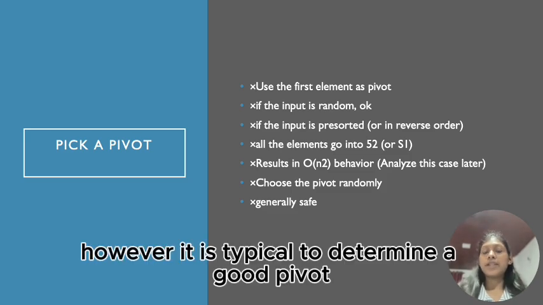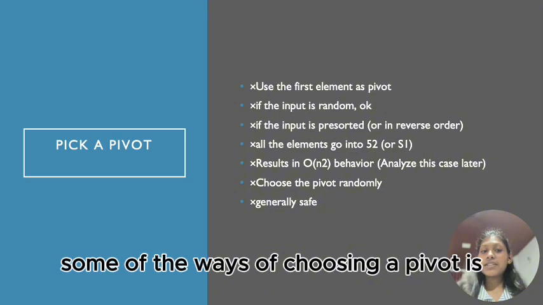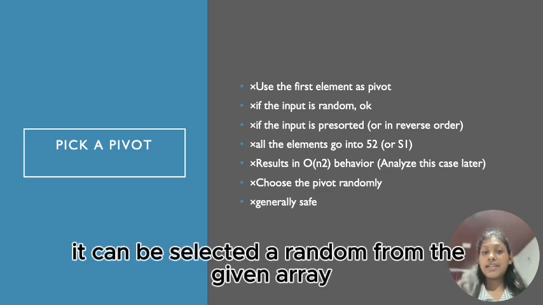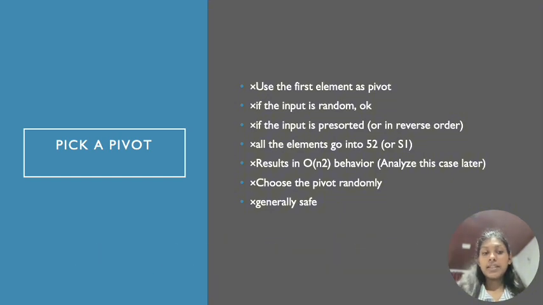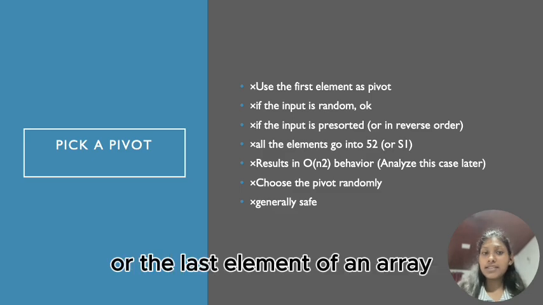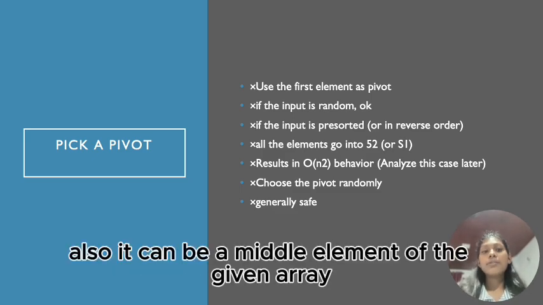However, it is difficult to determine a good pivot. Some ways of choosing a pivot: it can be selected randomly from the given array, it can be the first element or the last element of the array, or it can be the middle element of the array.